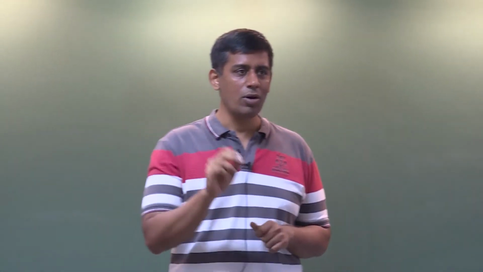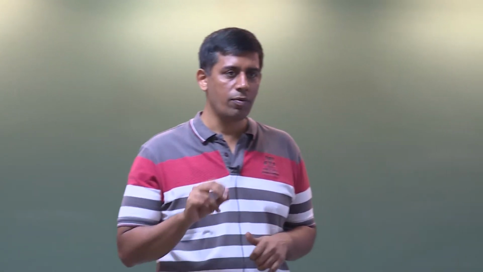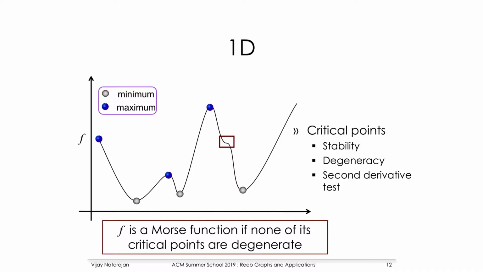We care only about critical points for the purpose of this topic. Right? So what are critical points? You may have seen them as singular points, singularities also, right? So what are they? They are where the gradient is 0, you know how to compute them and all that, right? But let's try to understand them from a more intuitive sense, right?